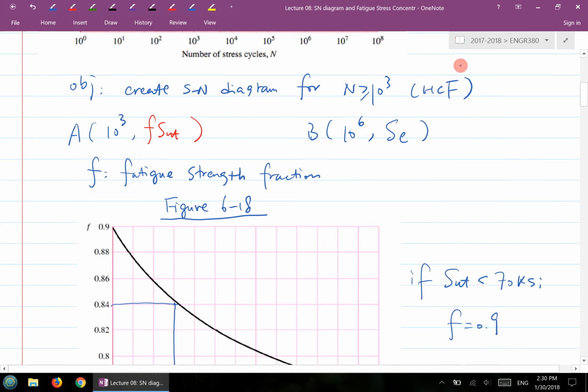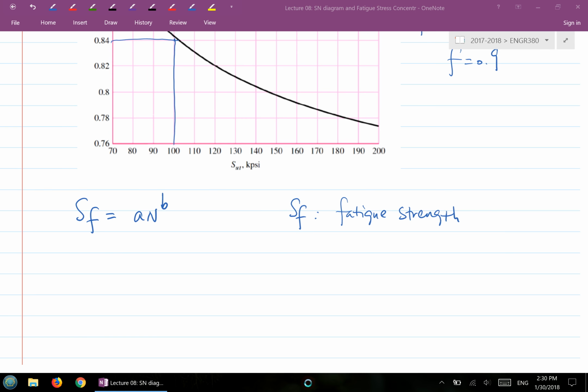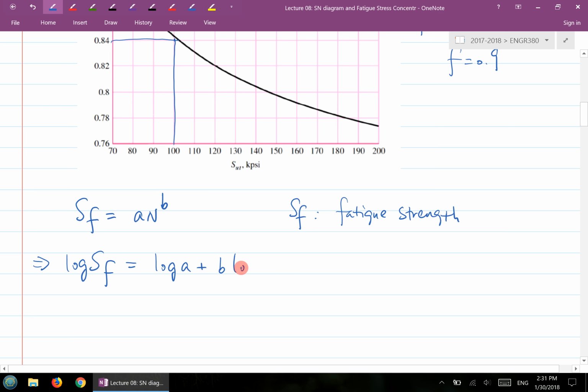Now if we take the log of both sides, you get log SF equal to log A plus B times log N. Consider this like y equals a constant plus b times x.